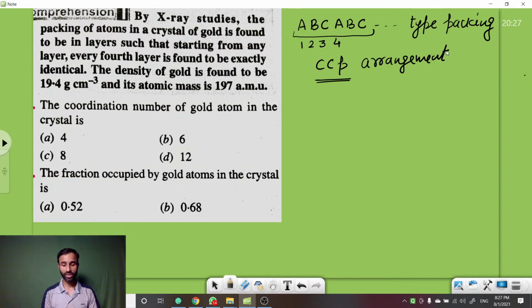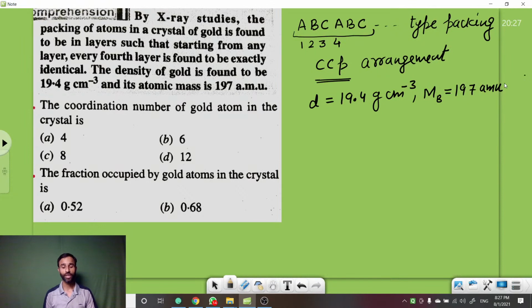Now the density of the gold is found to be 19.4 gram per centimeter cube, and its atomic mass is also given, that is equal to 197 amu. So the first question is, the coordination number of gold atom in the crystal is.